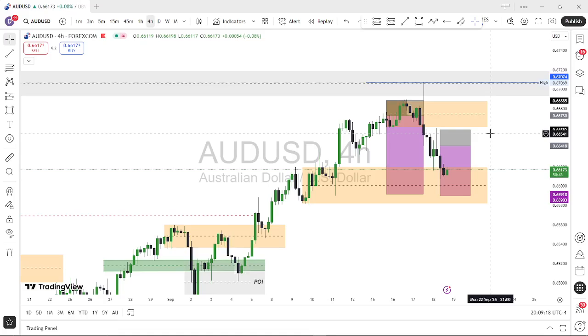That means it affected any market trading under the USD, which could be the AUD USD, as you can see, the GBP USD, EUR USD, Euro 30, XAU USD, and so many other markets that are trading under the USD currency pair.